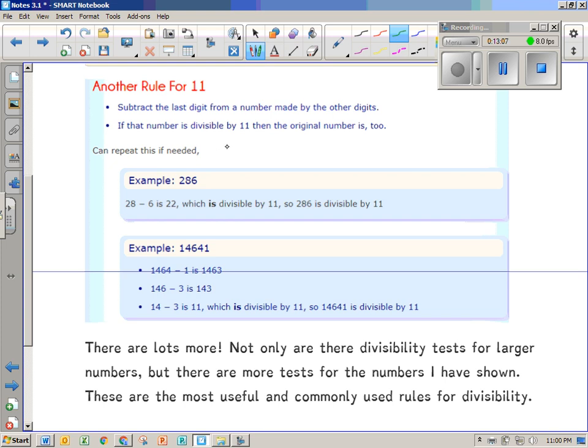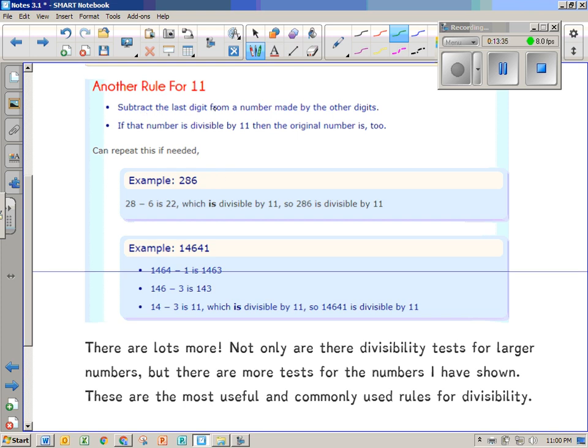I like the rule for 11, and I realize it actually is really pretty handy. It beats going over to the side and doing long division to decide if 11 divides into it. Now, we know up to 11 times 12, which is 132, but when you get numbers bigger than that, you might not know. So this one's not too bad, but it sounds kind of weird.